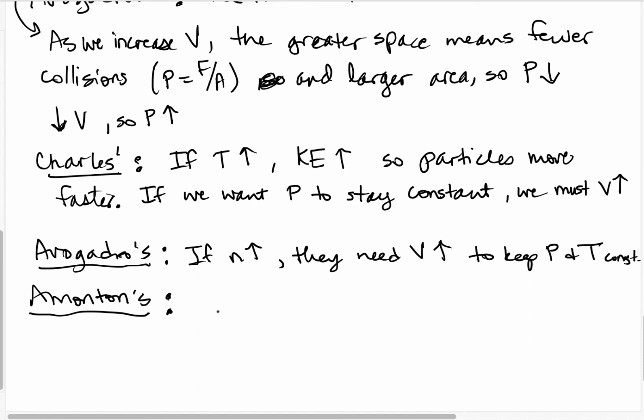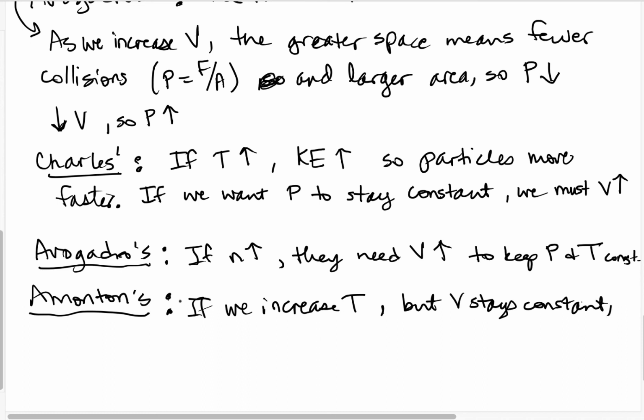So if we are increasing the temperature, but we keep the volume constant, so we aren't increasing the size, but we increase the temperature, the kinetic energy of the particles increases, so their speed and velocity increases, and so that means more particles are going to be hitting the container.